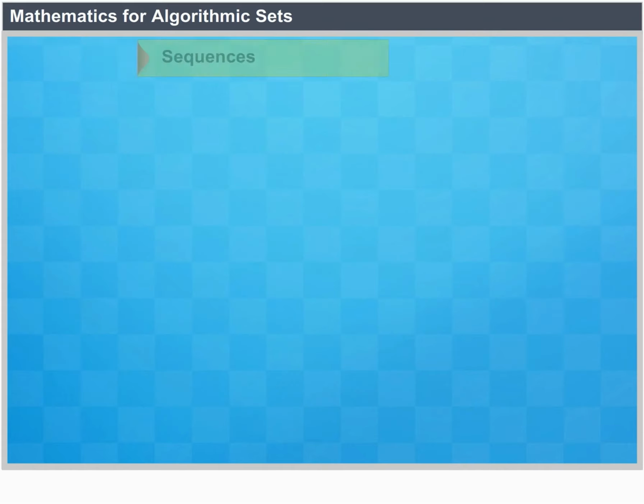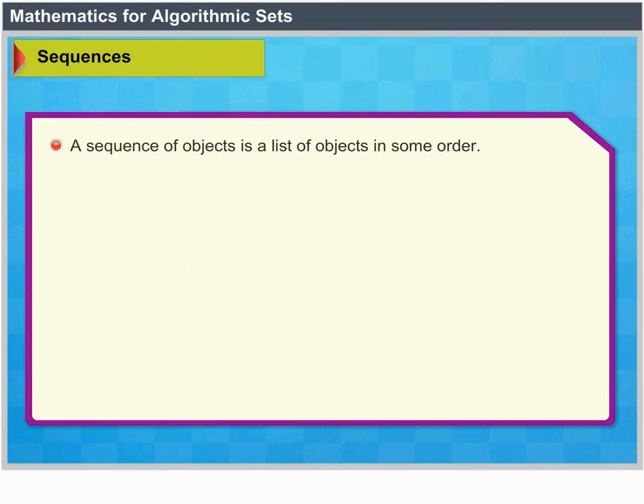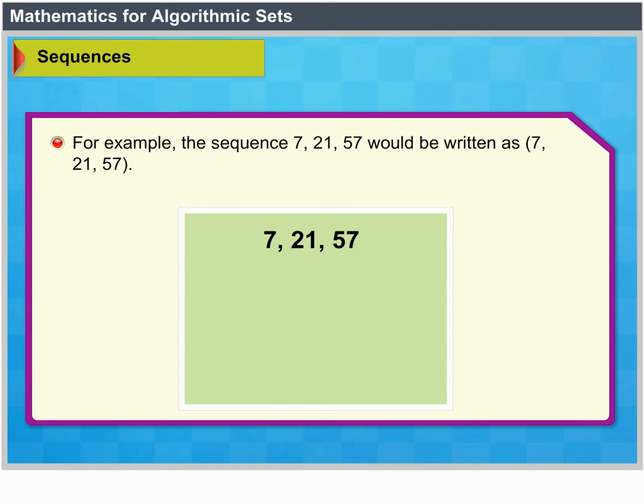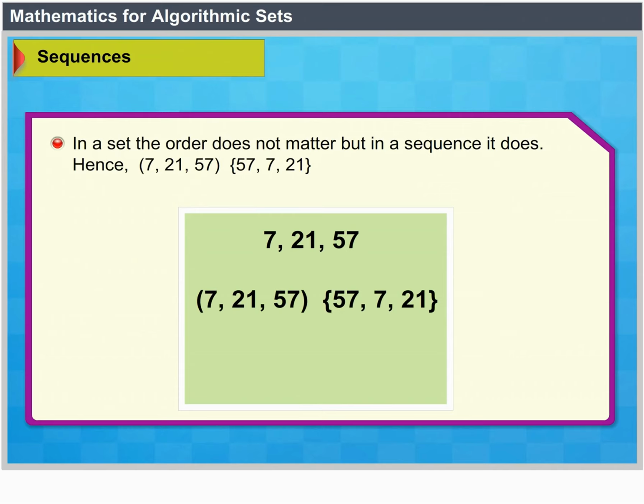Sequences. A sequence of objects is a list of objects in some order. For example, the sequence 7, 21 and 57 would be written within parentheses as (7, 21, 57). In a set the order does not matter, but in a sequence it does.